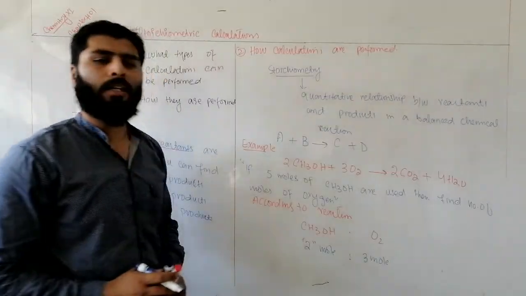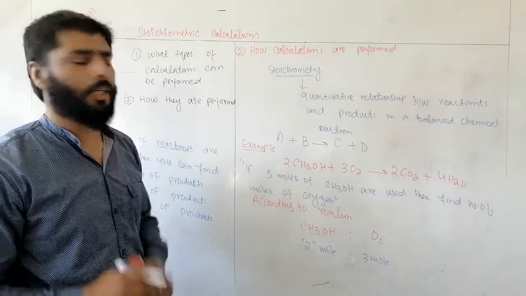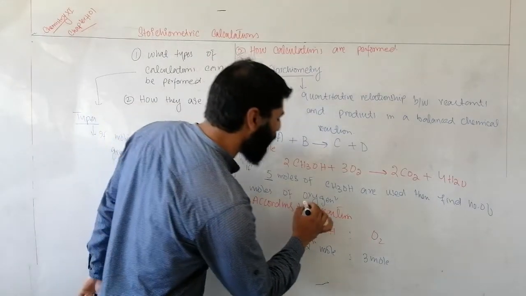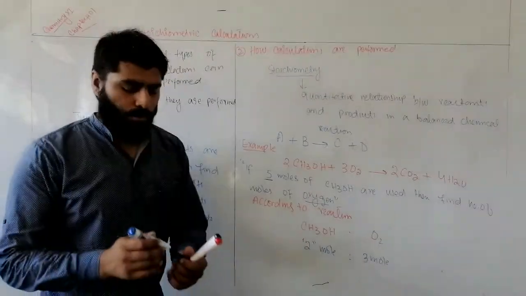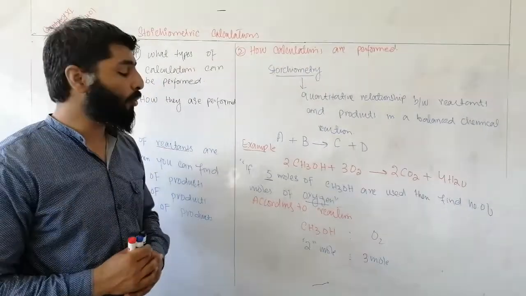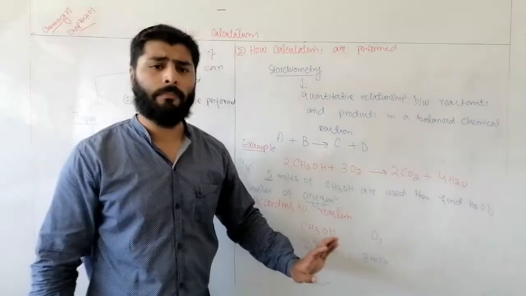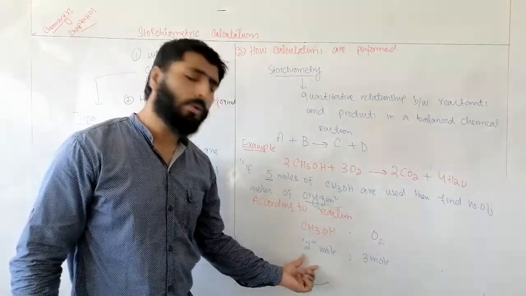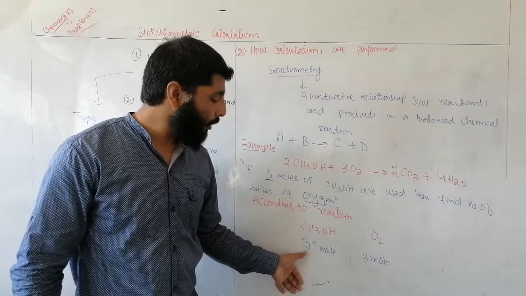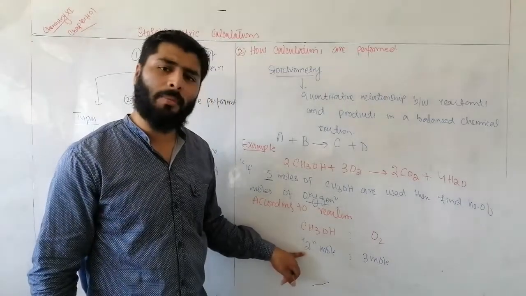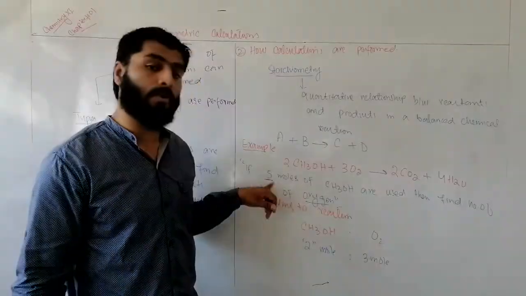You have to find the molar ratio of methanol and oxygen. The ratio is 2:3. You are given 2 moles of methanol and asked for 5 moles.